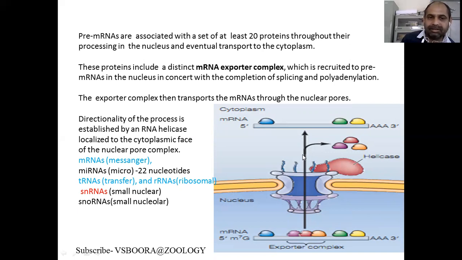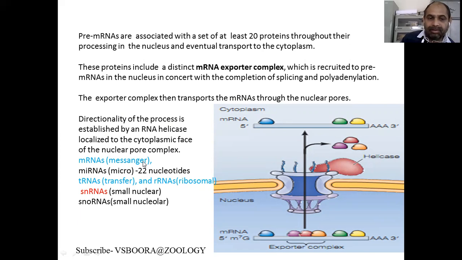The directionality of the process is established by the helicase enzyme, an RNA helicase localized in the cytoplasmic phase of the nuclear pore complex.